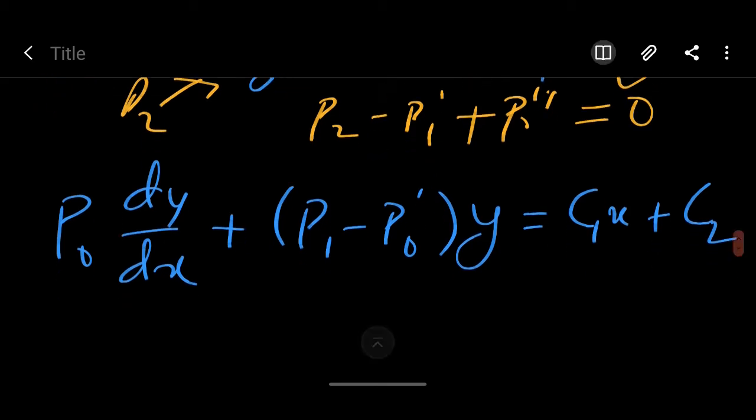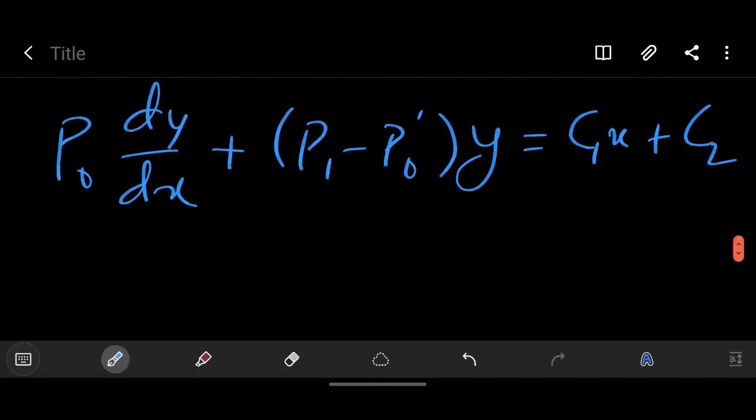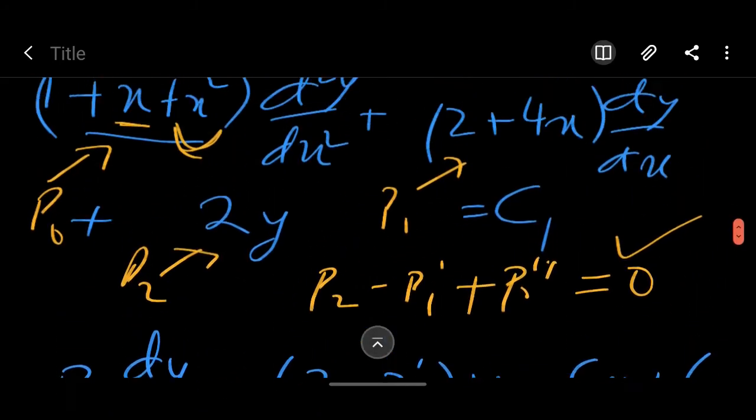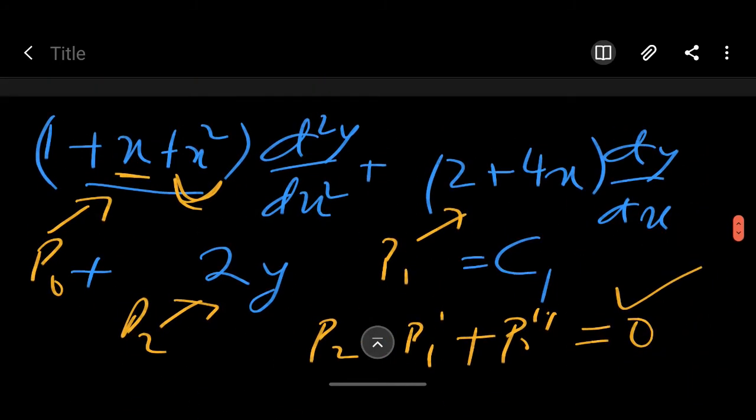So here, if we put the values of these again, we will get 1 plus x squared dy dx plus, what is P1? Our P1 is here 2 plus 4x, and P naught prime would be 1 plus 2x, because if we differentiate P naught, it would become 1 plus 2x here.